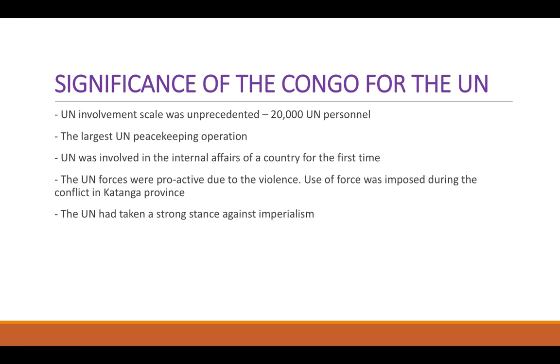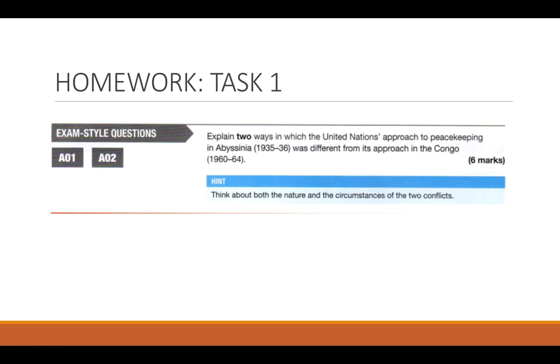This is the positive side of UN involvement in the Congo. They stood up to imperialism. They removed Belgian forces. They tried to stop the USSR's influence on the country. They wanted to unite Congo and stop the conflict. But eventually, in the long term, it wasn't successful because as soon as the United Nations left, the conflict continued.